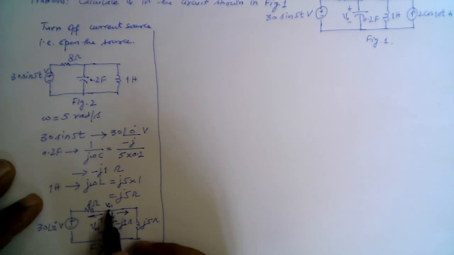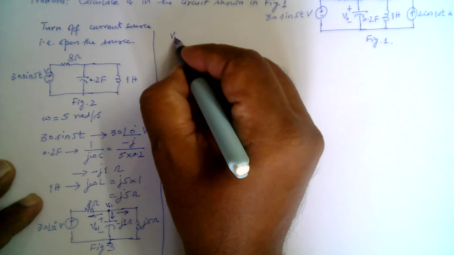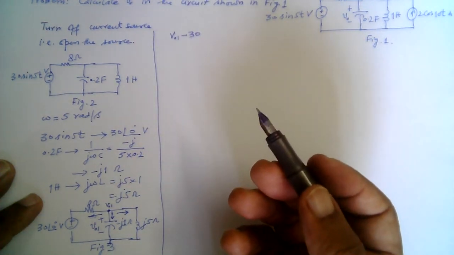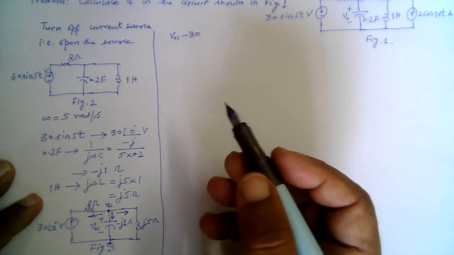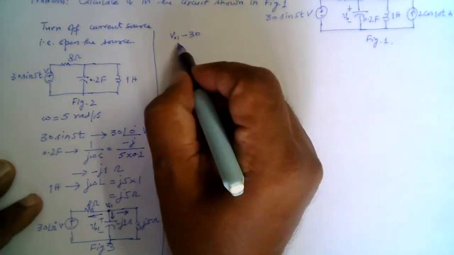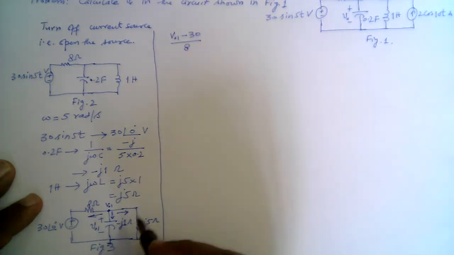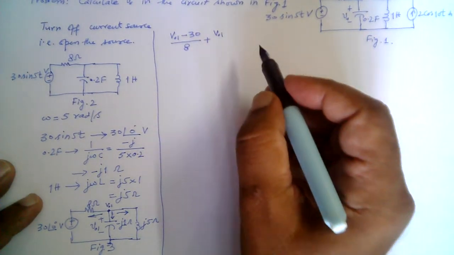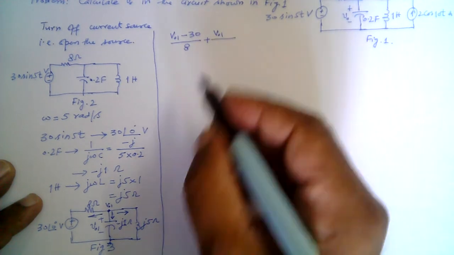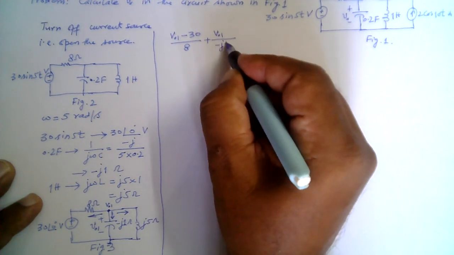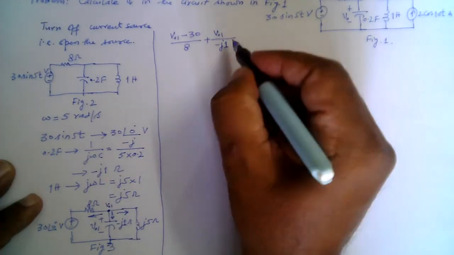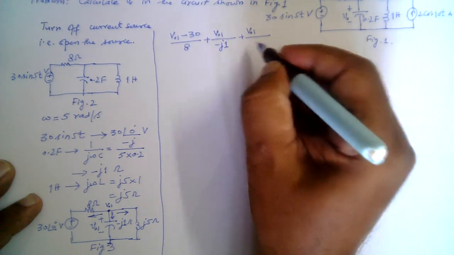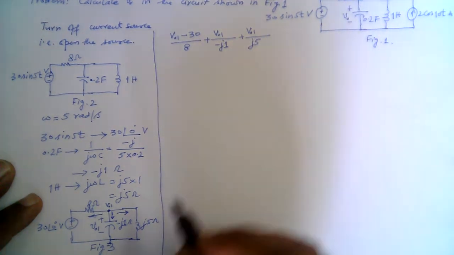So V01 minus 30, angle 0 means it has only real part, right? Imaginary part is 0. So (V01 minus 30) divided by 8, plus V01 divided by minus J1, plus V01 divided by J5, right?